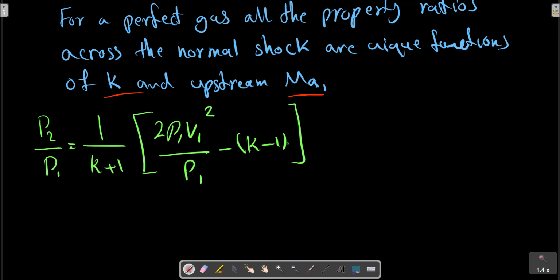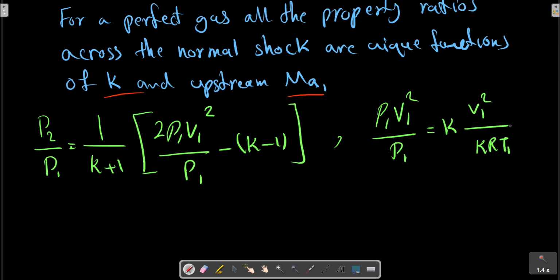But for a perfect gas, we also have this relation: rho 1 V1 squared on P1 equals K V1 squared on K R T1, which equals K Ma1 squared.